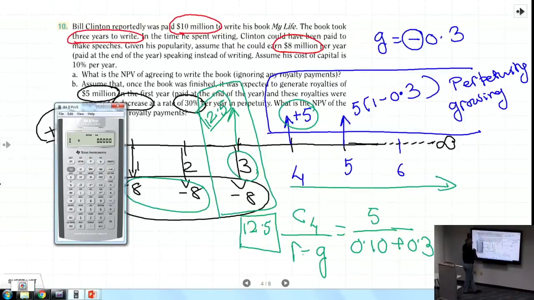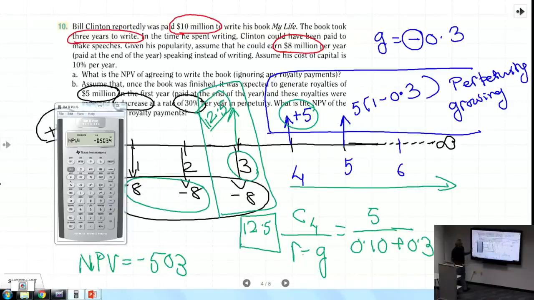Then I click net present value. My discount rate is 10, enter. Down arrow. Compute net present value. It's going to be negative 0.503, or net present value would be negative 503,400 approximately.